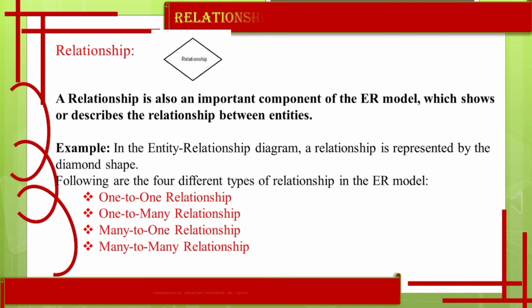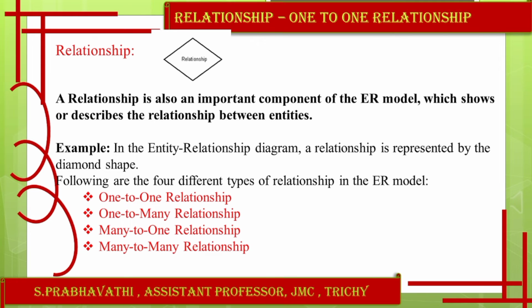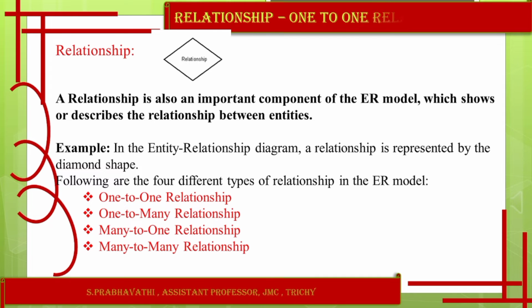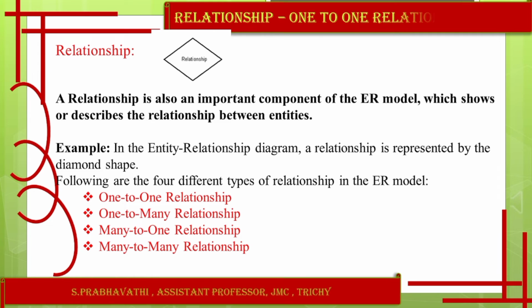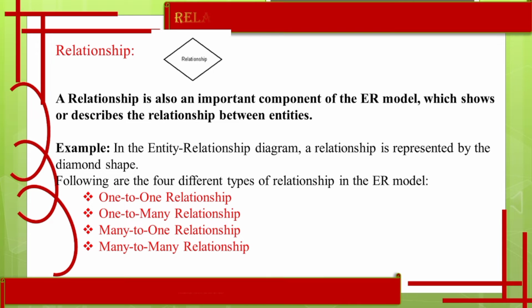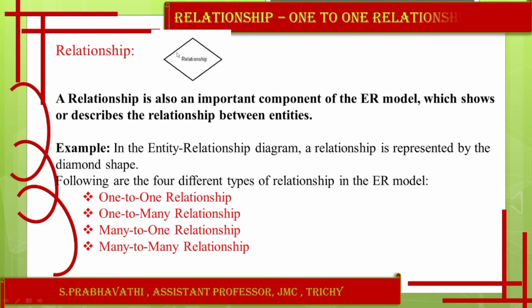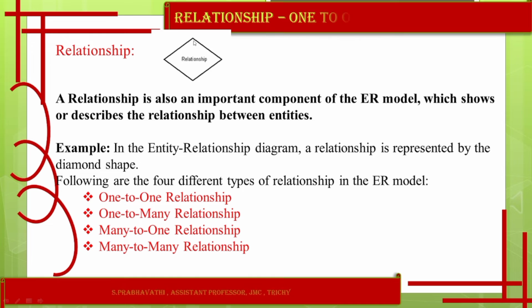The following are the four different types of relationship in the ER model: one-to-one relationship, one-to-many relationship, many-to-one relationship, many-to-many relationship. The relationship is represented by a diamond.